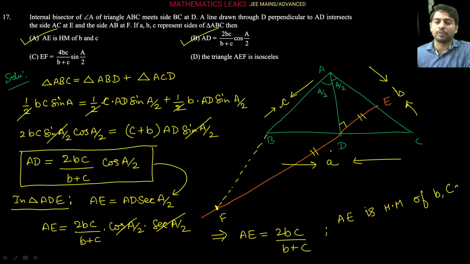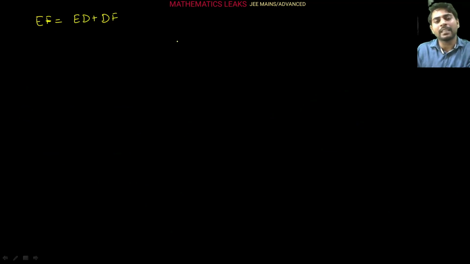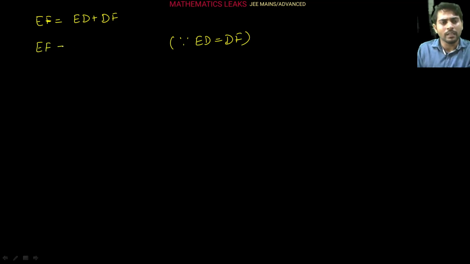Perpendicular bisector of EF also. So since it is a bisector, we can say ED is equal to DF. So from the figure we get ED is equal to DF, so we can easily write EF will be equal to ED plus DF. DF is also ED, so we can write 2 times ED, right?